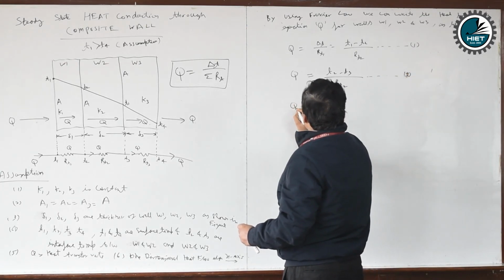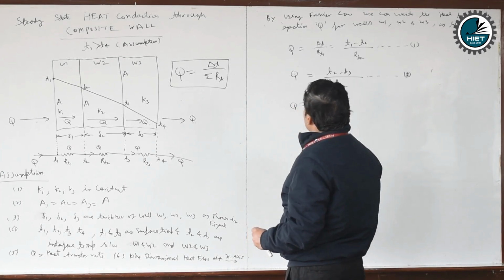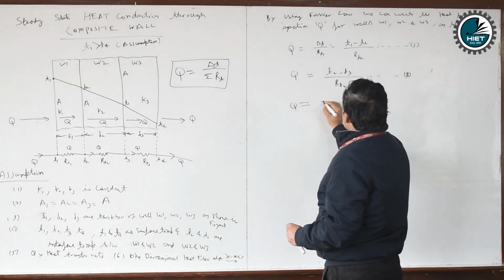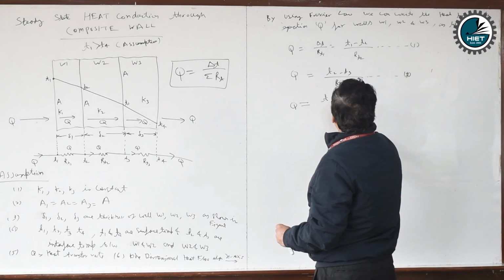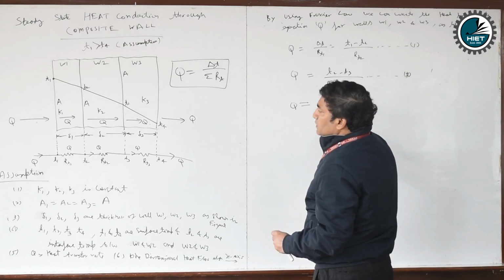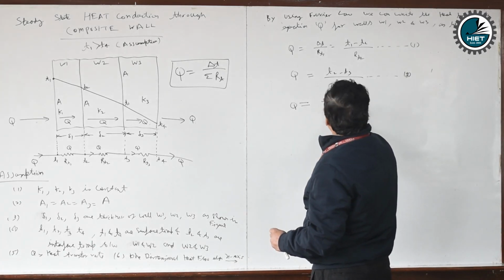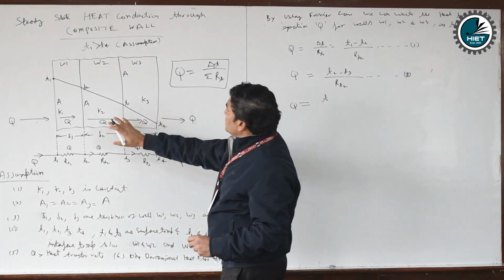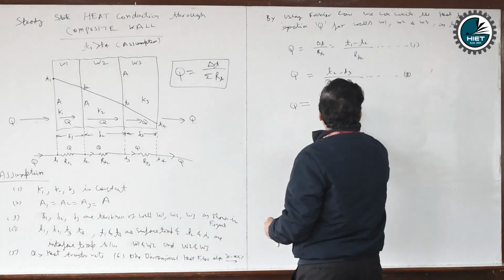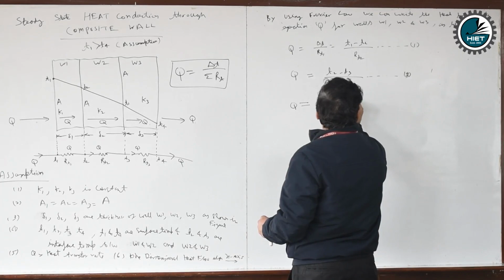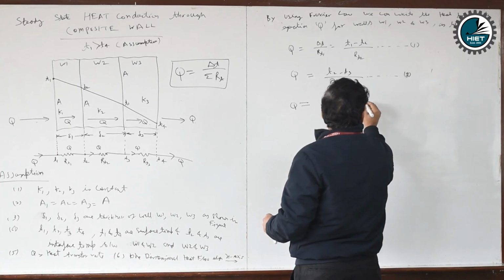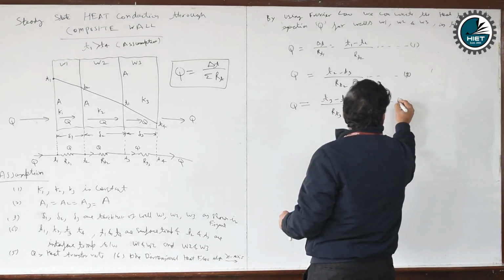Now for wall 3, we can write the heat transfer rate equation like this: temperature difference T3 minus T4 upon RT3. Let's call it equation 3.